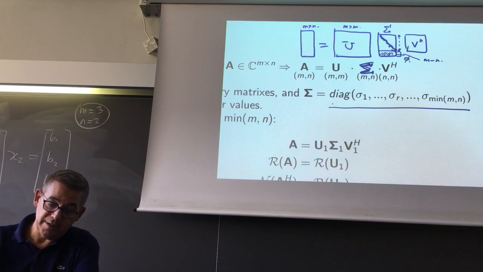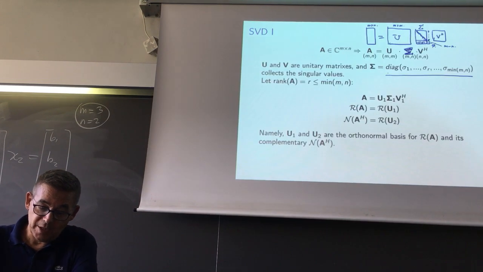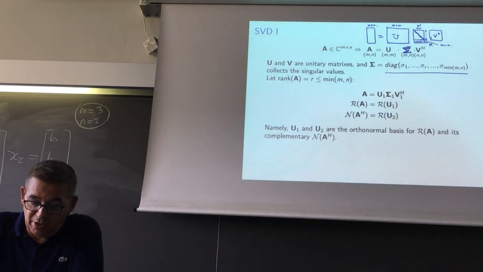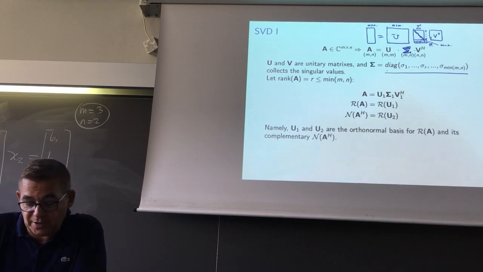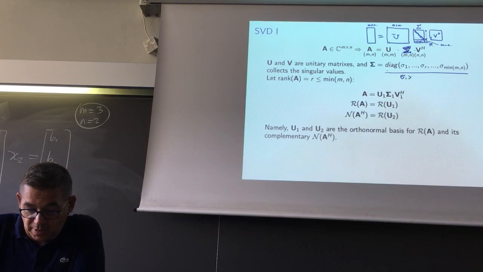Then, what are the properties? If these singular values are ordered in decreasing values, which means sigma 1 is larger or equal to sigma 2, which is larger or equal to, and so on, sigma r, then sigma r plus 1 up to sigma minimum are equal to 0.